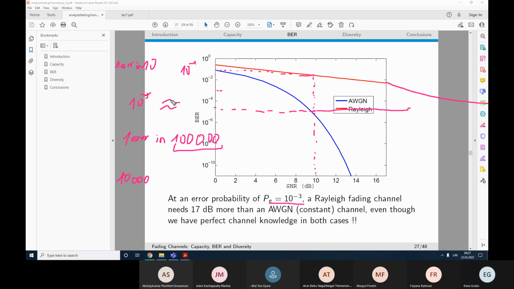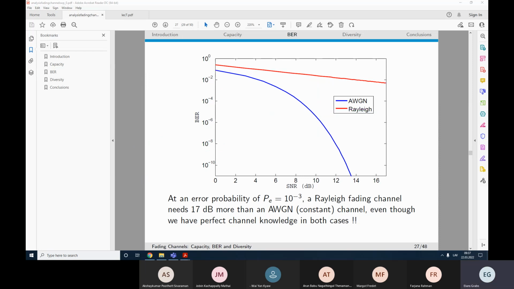Okay, let's take this example of minus 3. So minus 3 is somewhere here. Eventually, for some signal-to-noise ratio, we are going to reach this level as well, but it's going to take us 17 more decibel to get this error probability, which is not that good, actually.